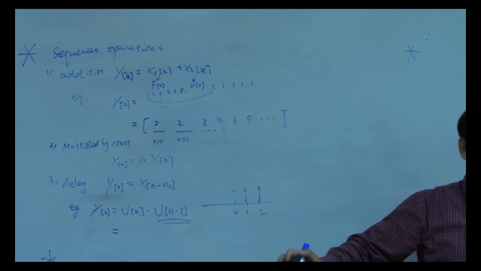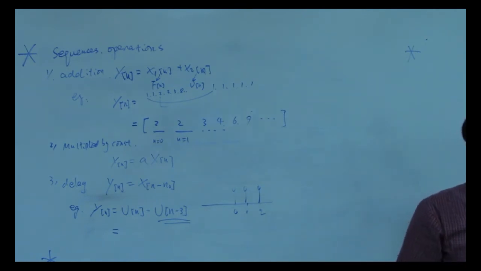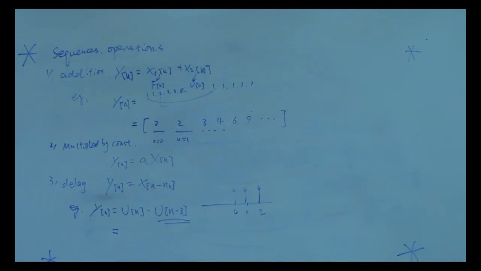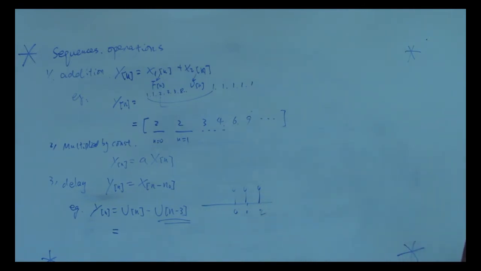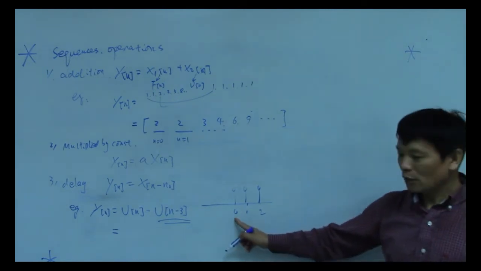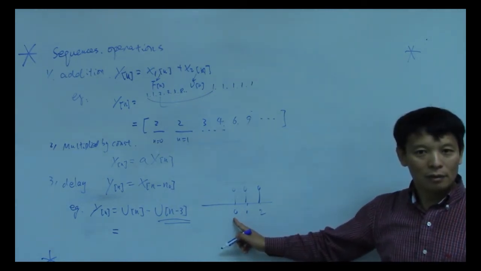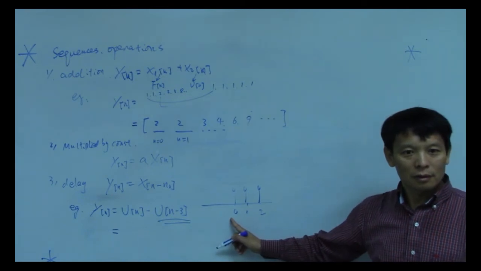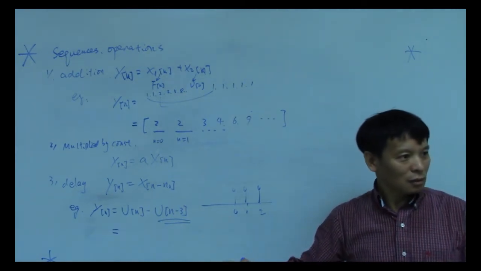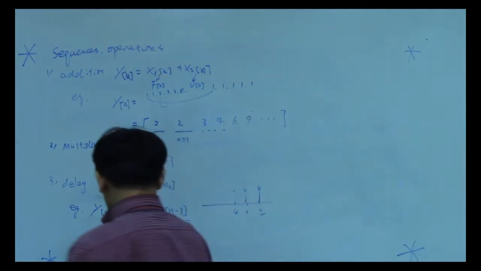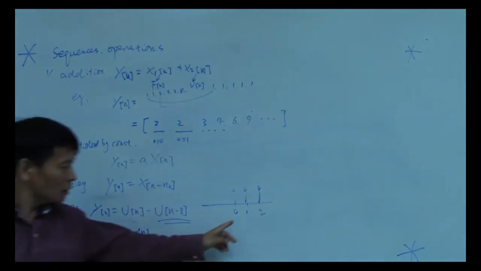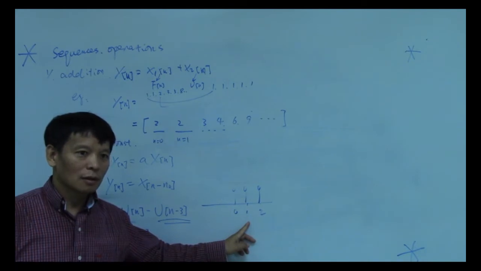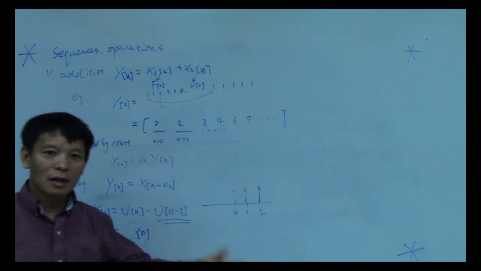Use other basic signals, like impulses. What is the first one? It's just delta[n]. What is the second one? Delta[n minus 1].